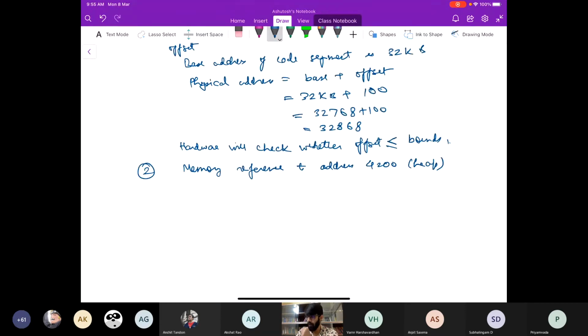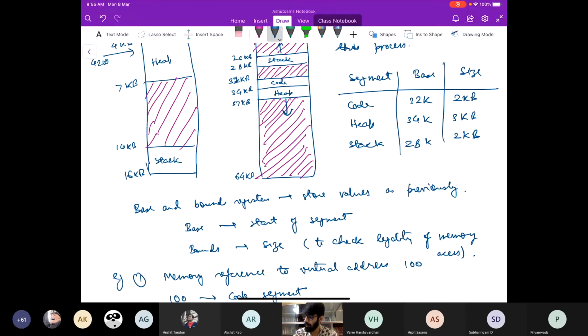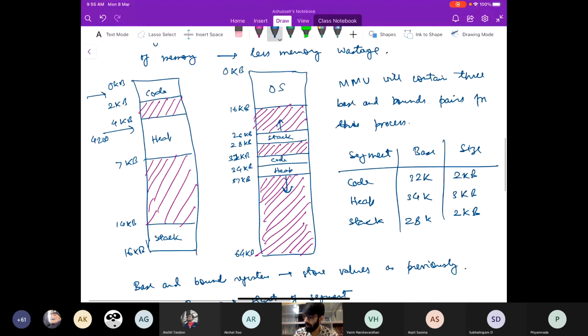Now the thing is that the heap is at 34 KB. But if you add 4200 directly to the heap's address, you'll come outside. That's not what you should be doing. So the offset needs to be calculated a bit more carefully in this case. You should not be adding the virtual address directly to the base address of the heap.